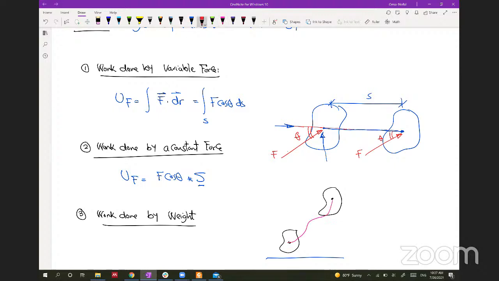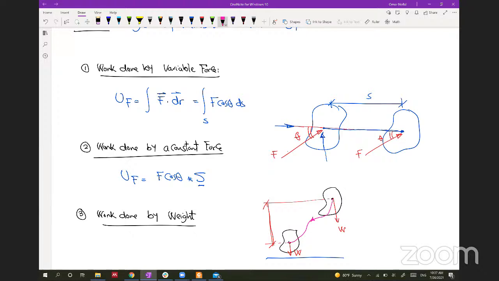And our weight is going down. Whatever the path that the weight moved through, we only care about the delta y, the distance in the direction of the weight, which is the vertical distance. Like, let's assume this is a rock and this rock is moving downhill.